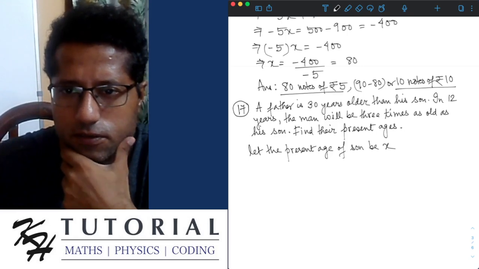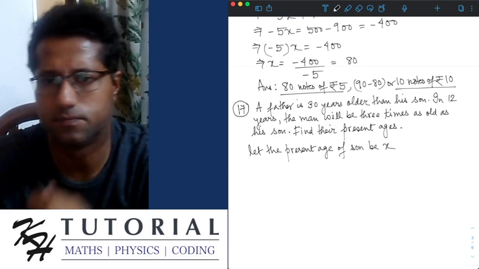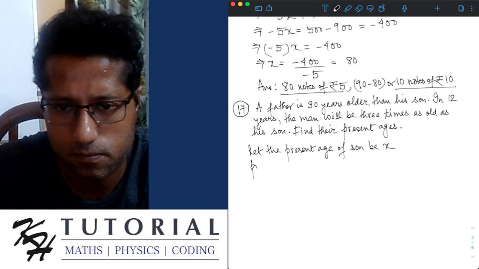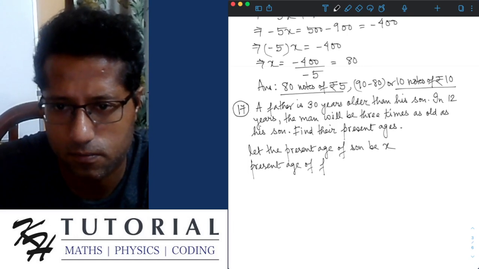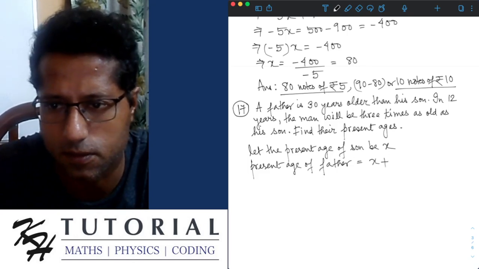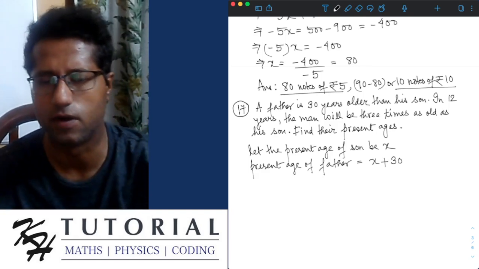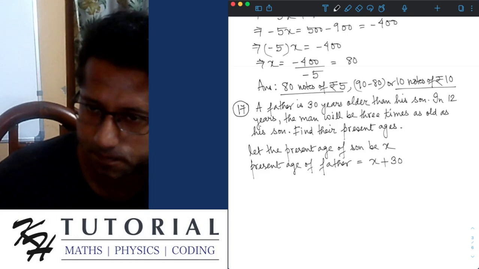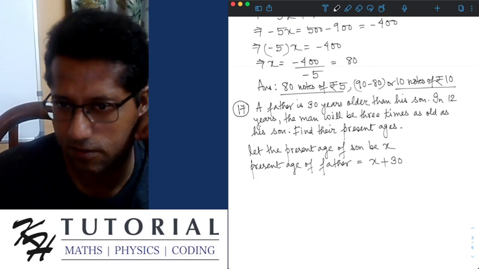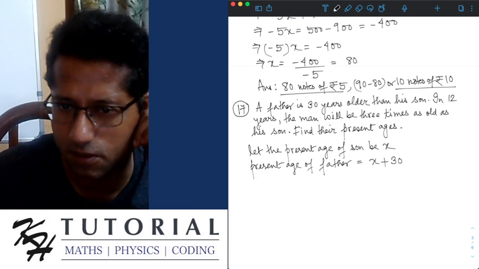A father is 30 years older than his son. So definitely present age of father equals x plus 30, because it is said that a father is 30 years older than his son. If present age of son is x, then the present age of father will be x plus 30.